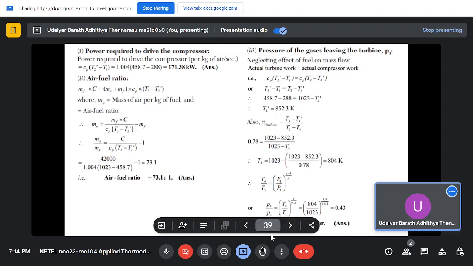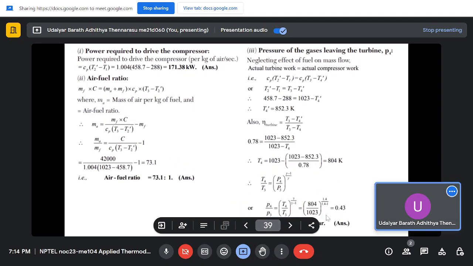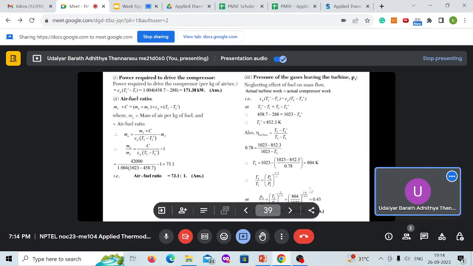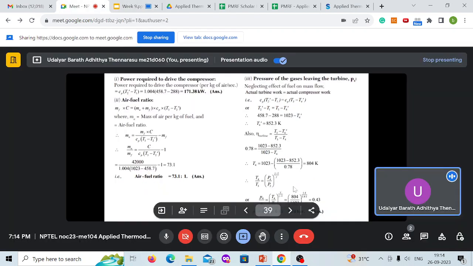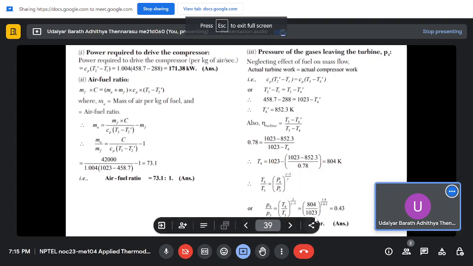Substituting the values, it will come out to be 1.74 bar. So the pressure at state 4 will be 1.74 bar.